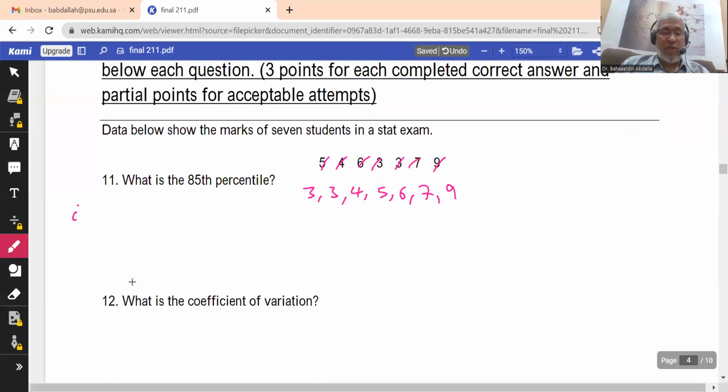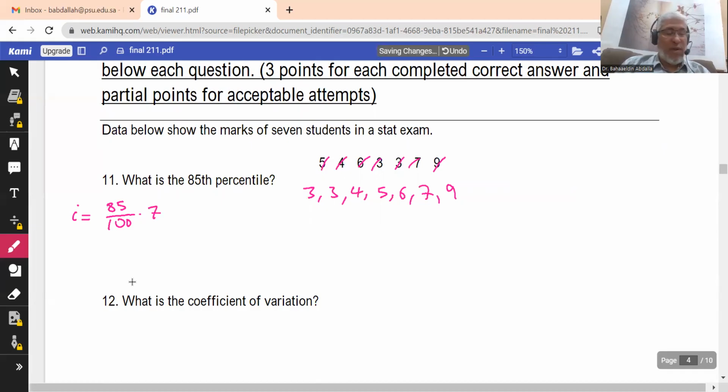The position is denoted by i, and the formula says I multiply P, which is 85, or P over 100, which is 85 over 100, times N, which is the number of elements in the sample. We have 7.